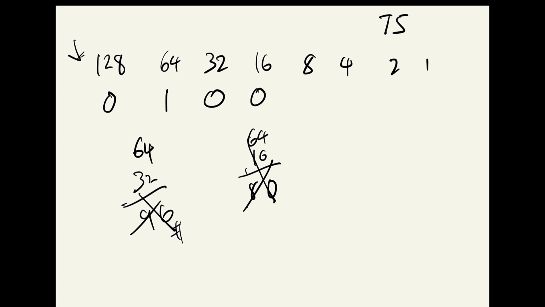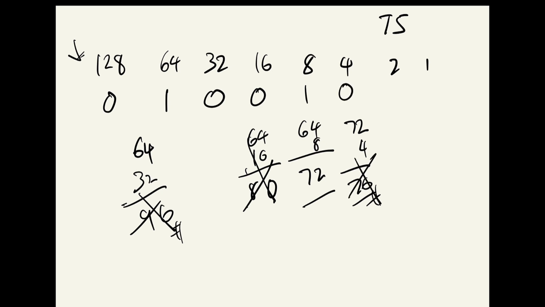What about 64 plus 8? This will be 72, and 72 is within 75, so we put 1 under the table and carry forward 72. 72 plus 4 is 76, which is over 75, so we're not going to use 4 and we put 0.